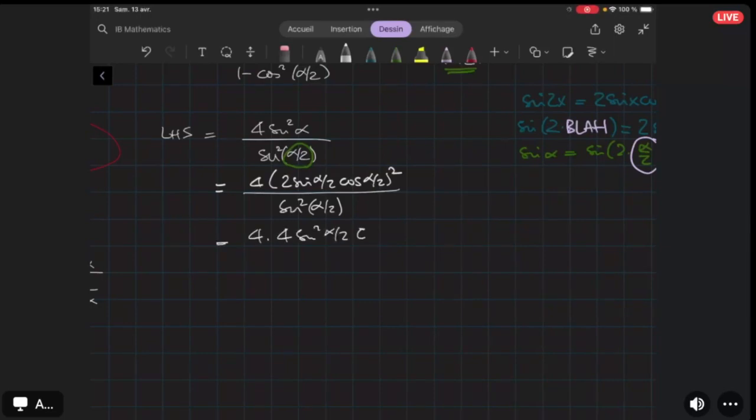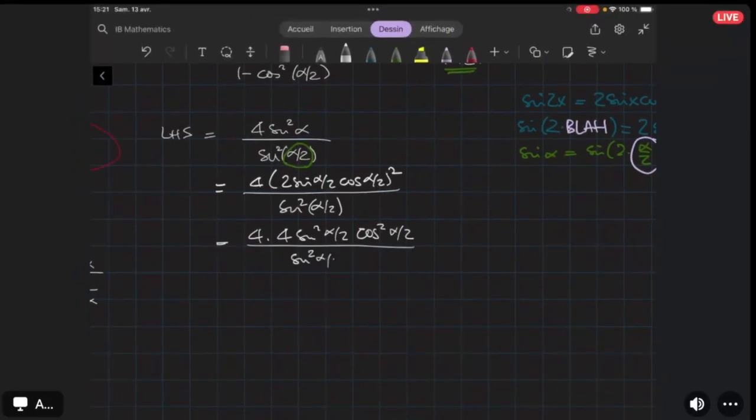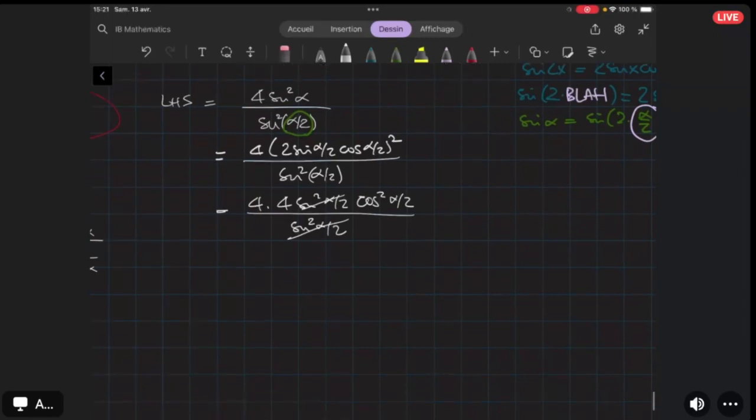And now it's just kindergarten. So that'll be 16 cosine squared of alpha over 2, or the right hand side.